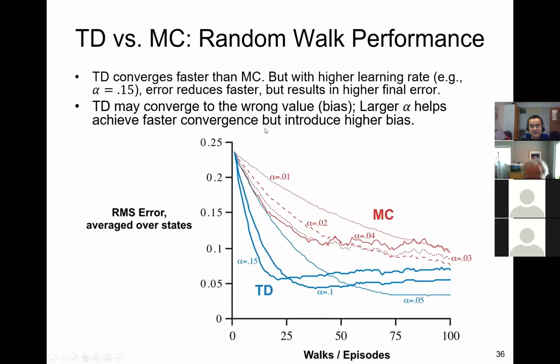So TD may converge to the wrong value. That's the bias in machine learning. So a larger alpha helps achieve faster convergence, but introduces higher bias.